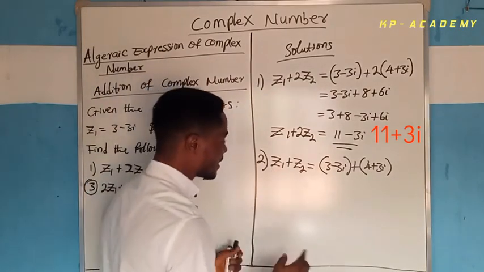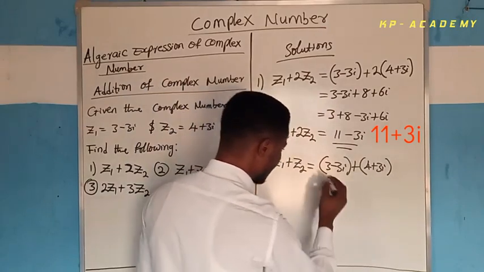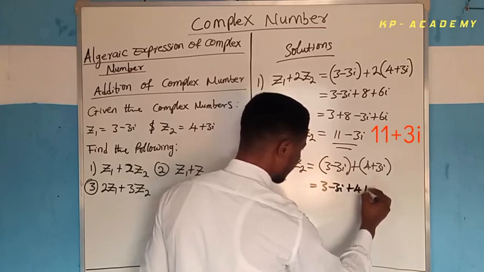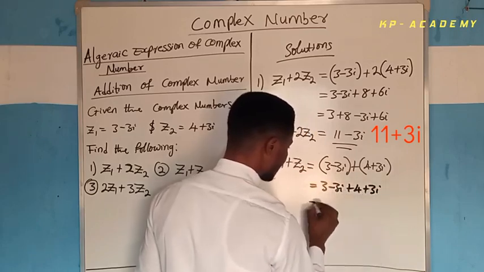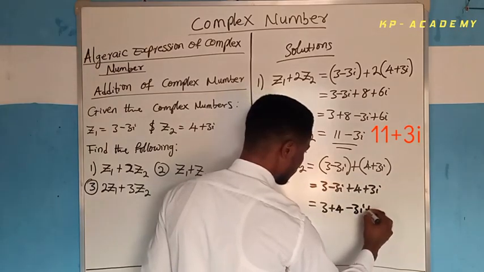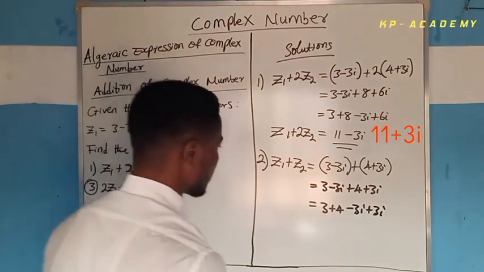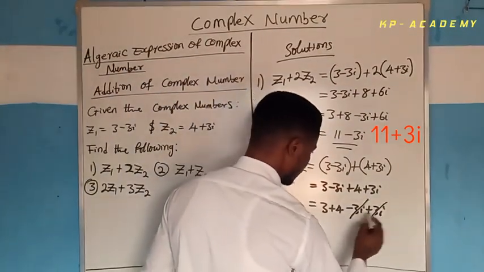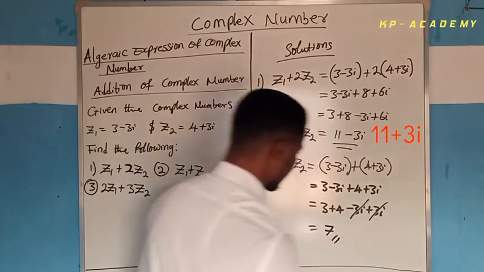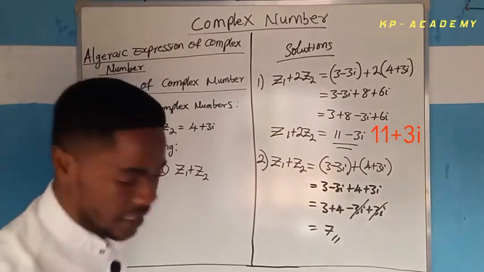Opening out the bracket, we just have 3 minus 3i plus 4 plus 3i. Collecting like terms, we have 3 plus 4 minus 3i plus 3i. Very important: at this point, minus 3i cancels out 3i, such that I have 7. So the real part is what is remaining, and the imaginary part has been cancelled.